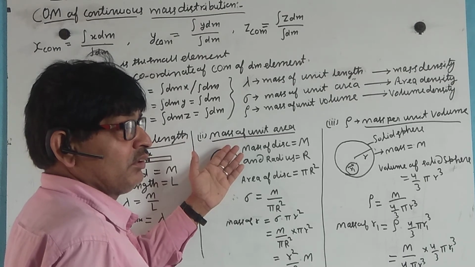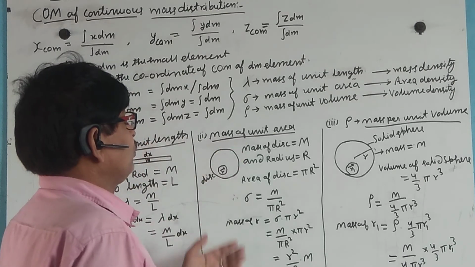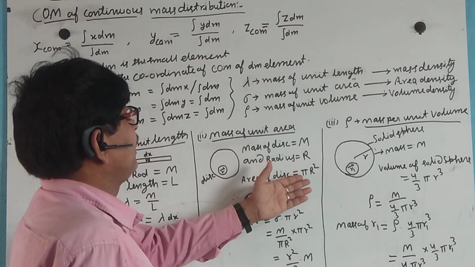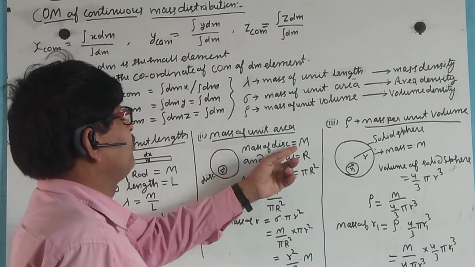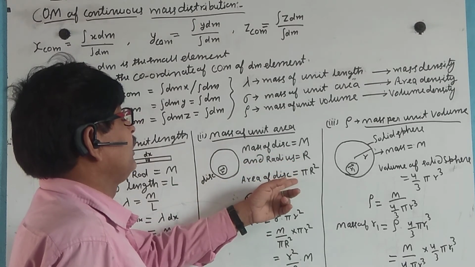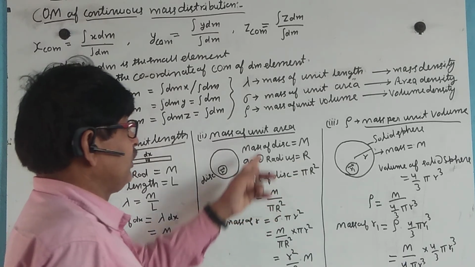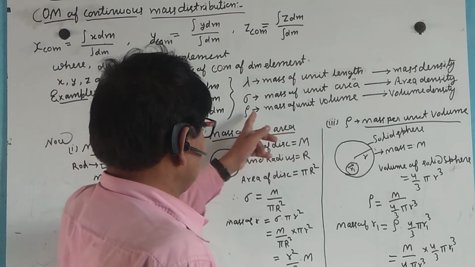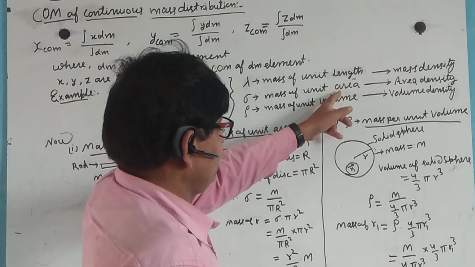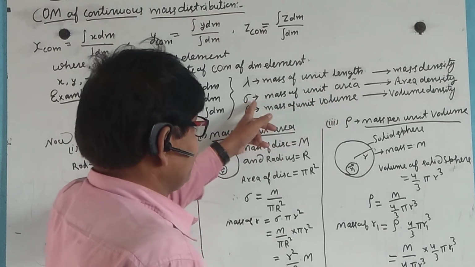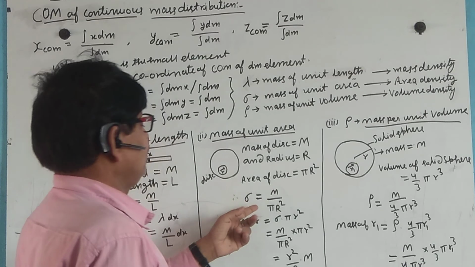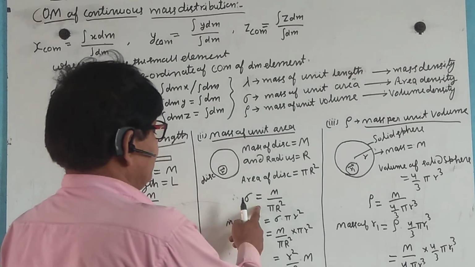This is just like a circle, so the area is pi R square and the total mass is m, so the mass per unit area is m by pi R square, denoted by sigma. This is the area density, the mass per unit area.